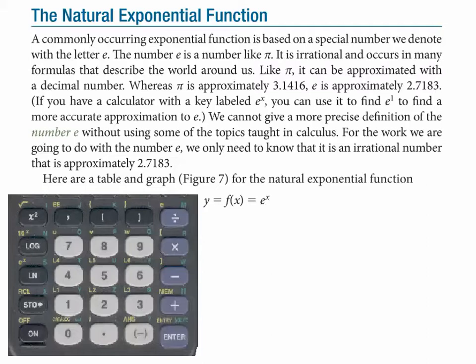All right, what is the letter e? Why do we use the letter e? It's because there was a famous mathematician, I believe French, whose name was Euler, E-U-L-E-R. He did some awesome mathematics and advanced mathematics quite a bit.